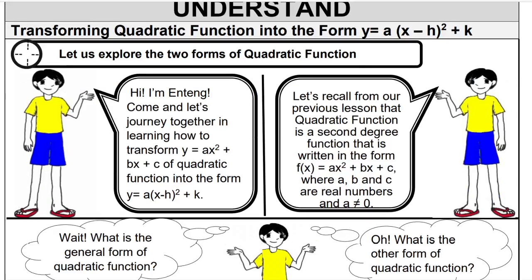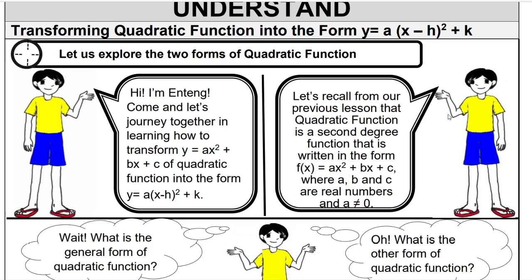Hi, I'm Enteng. Come and let's journey together in learning how to transform y equals ax squared plus bx plus c of a quadratic function into the form y equals a times the quantity x minus h squared plus k.